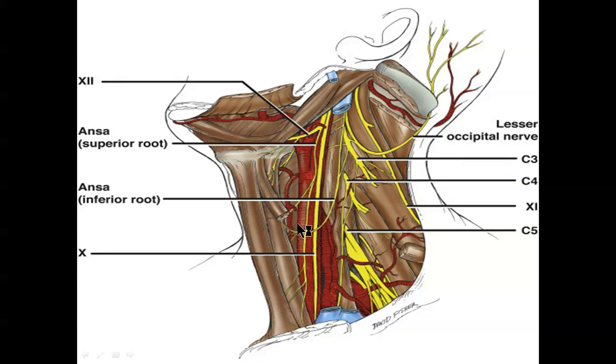They both join and form a ring kind of chain. That's why it's called ansa cervicalis, and it's in the anterior part of the internal carotid artery.